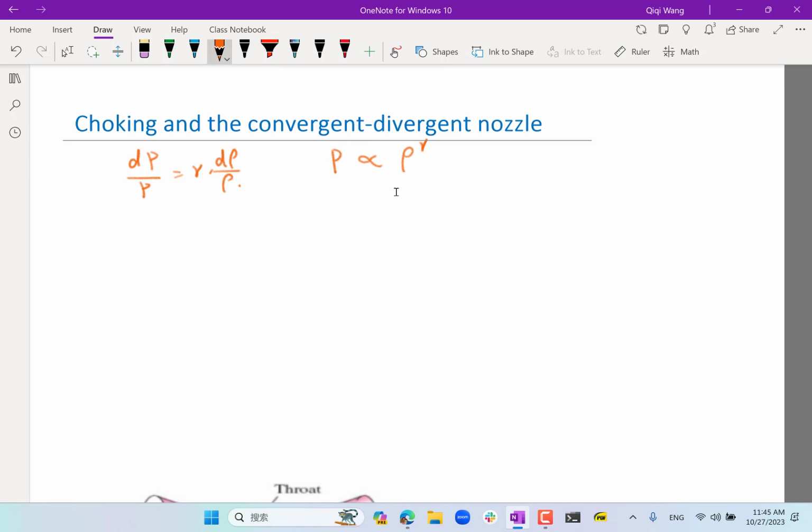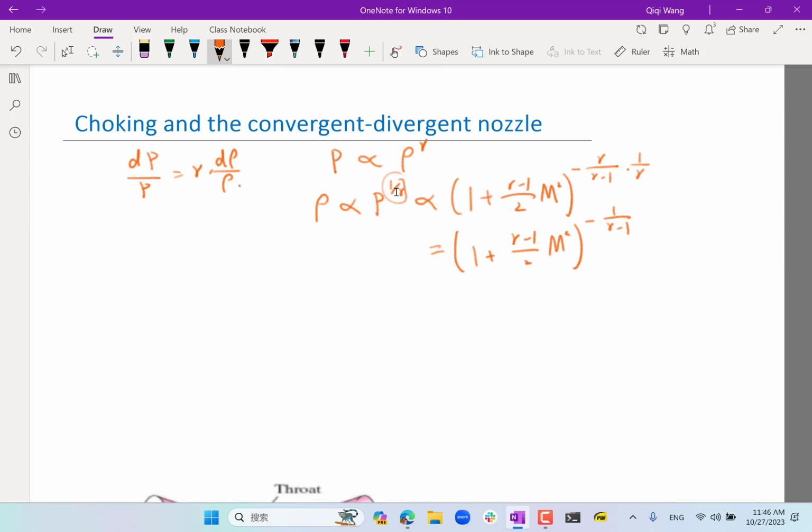Okay, and that means rho is going to be proportional to P to the 1 over gamma power, and P we know is proportional to 1 plus gamma minus 1 over 2 Mach squared to the minus gamma over gamma minus 1, but there is an additional power of 1 over gamma, which is going to be equal to 1 plus gamma minus 1 over 2 M squared to the minus 1 over gamma minus 1.